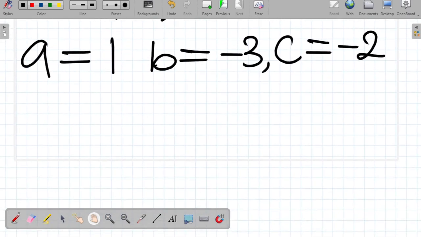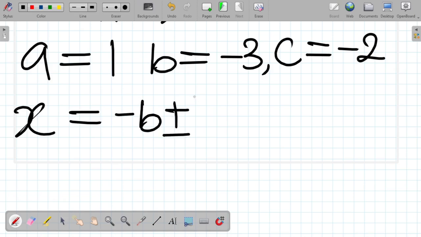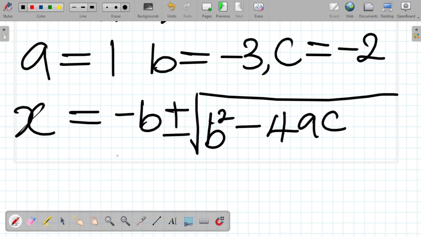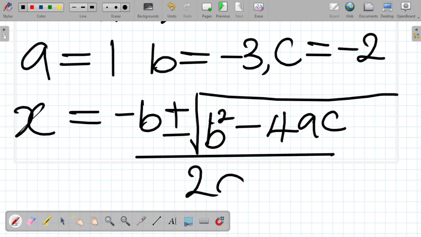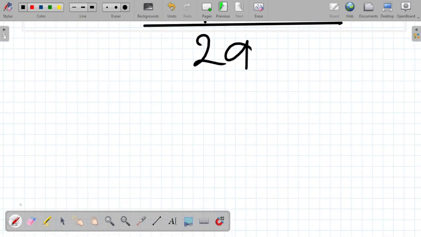So our next task is to write down the quadratic formula. Here we have x equals minus b plus or minus square root of b squared minus 4ac, all over 2a. So our next task is to substitute the values.